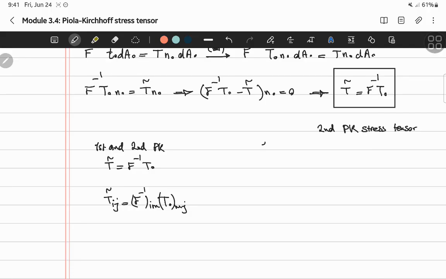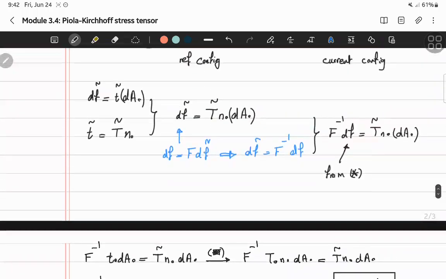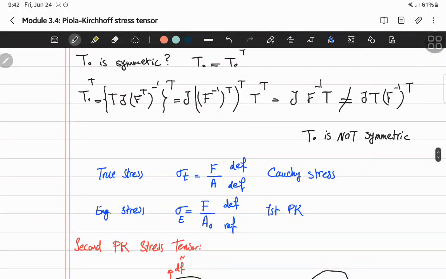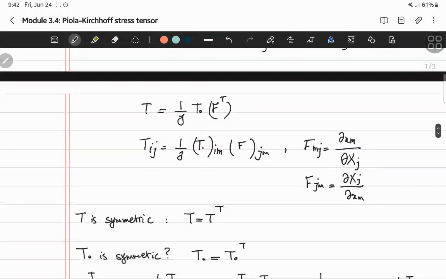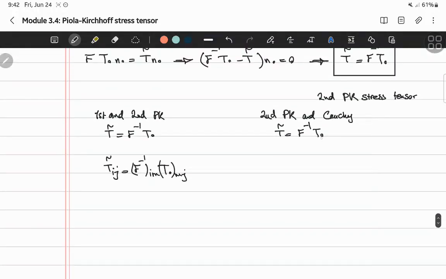and the relation between the second Piola-Kirchhoff and Cauchy stress tensor is basically, so we have T tilde is equal to F inverse T0. So this T0 was equal to, I can find it, J T F transpose inverse.